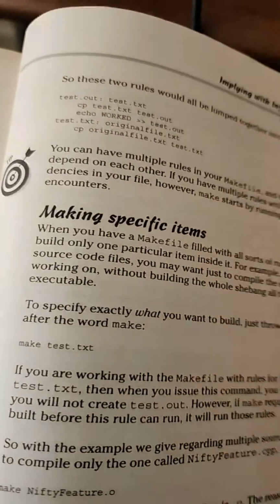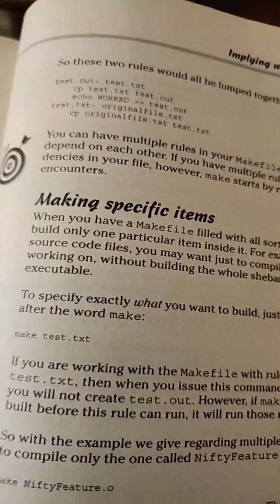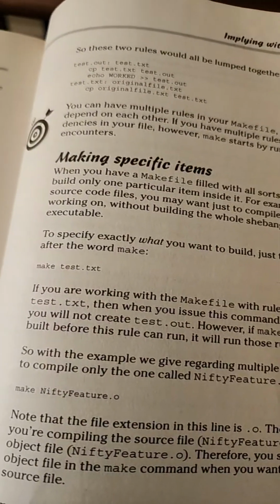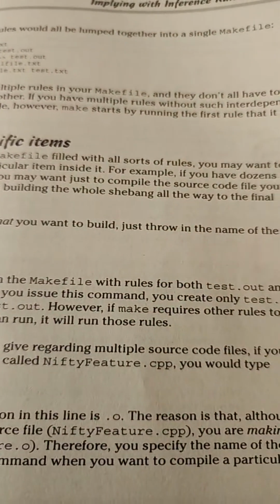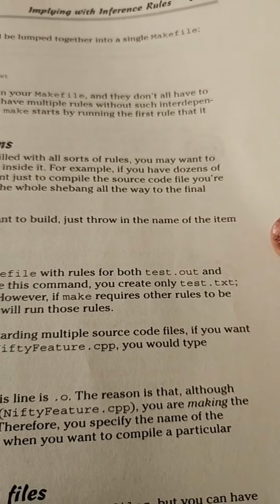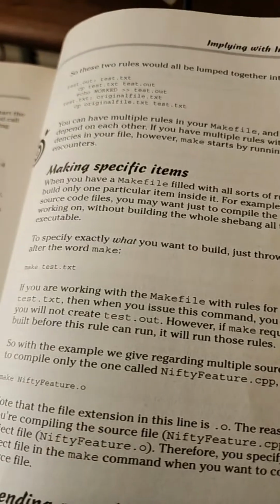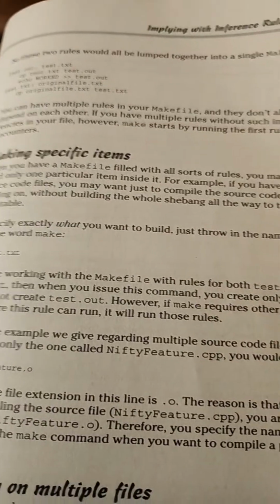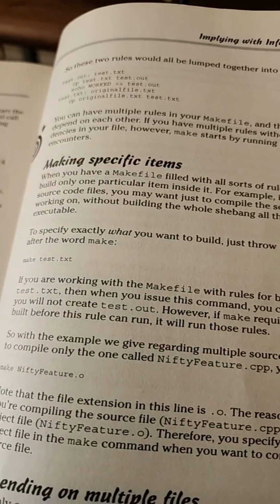To specify exactly what you want to build, just throw in the name of the item after the word make. make test.txt. If you're working with the makefile with rules for both test.out and test.txt, then when you issue this command, you create only test.txt. You will not create test.out.